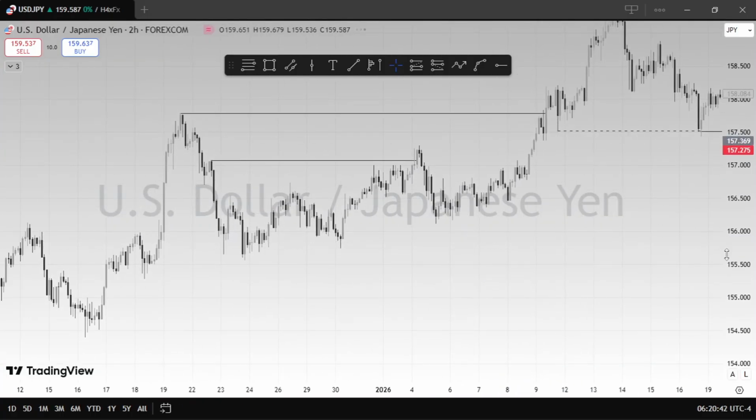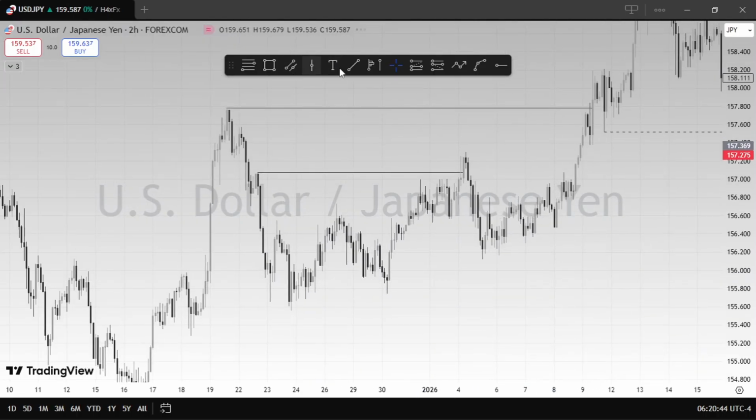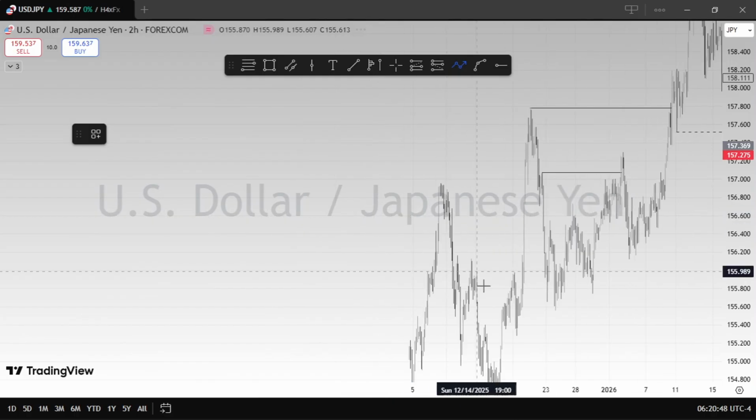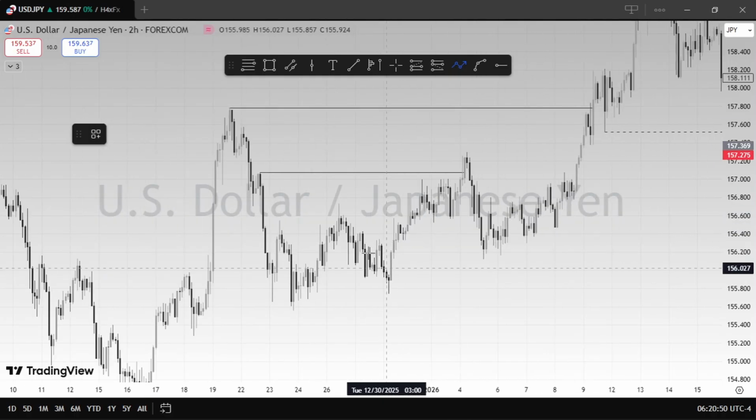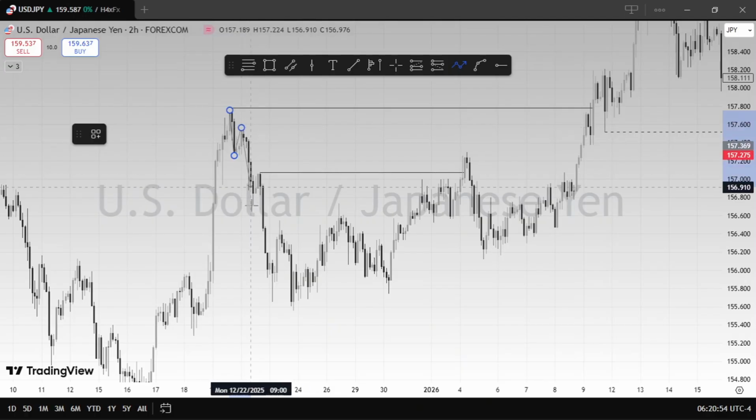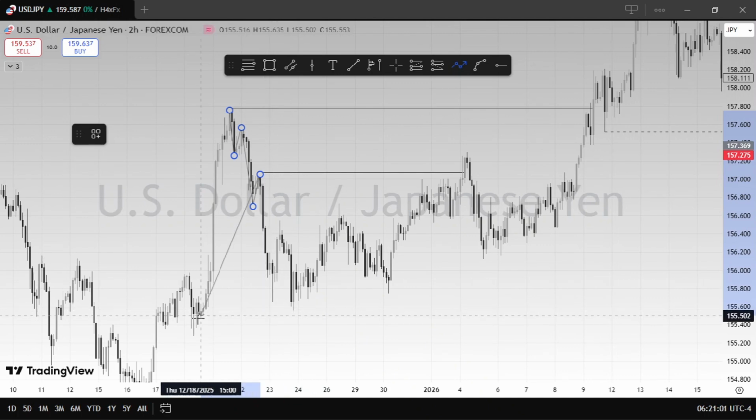So price was first bearish. This was on the higher time frame. This was an uptrend, so price became bearish with lower highs. The counter trend pullback started. Around this area, let's say price tapped into a prior demand zone.